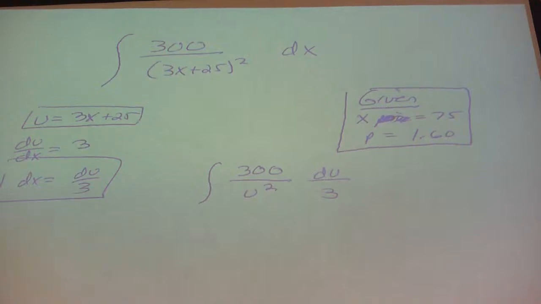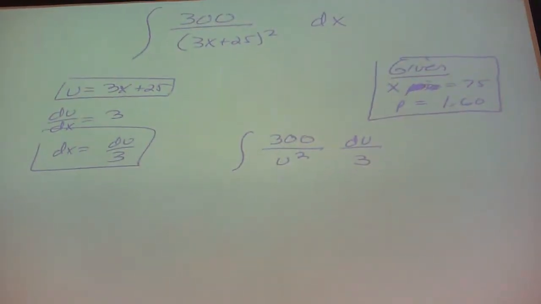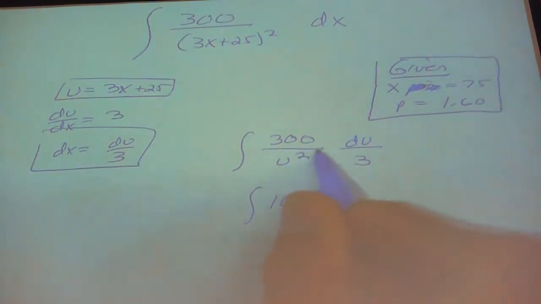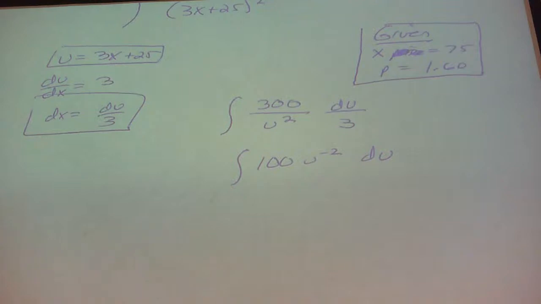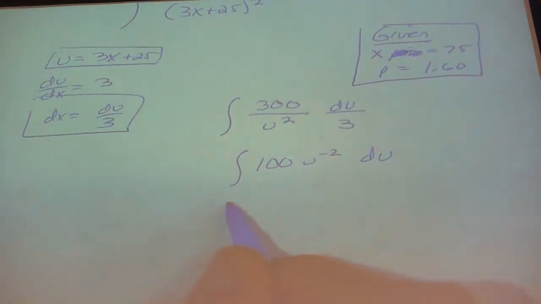Let's stop there for a second. Did everybody get that far? Now let's clean it up. I haven't taken the integral. What's 300 divided by 3? 100. The u squared moves up to u to the negative 2 du. Have I taken the integral? No. What happens to the 100 in front?